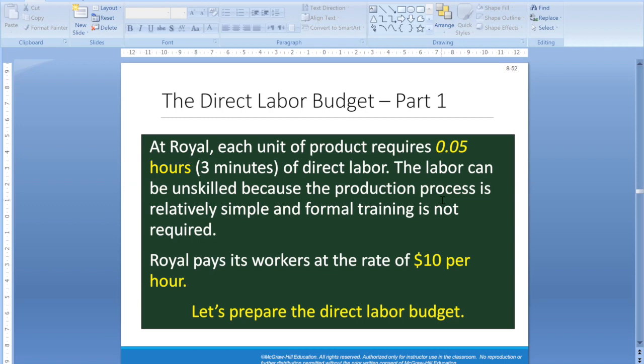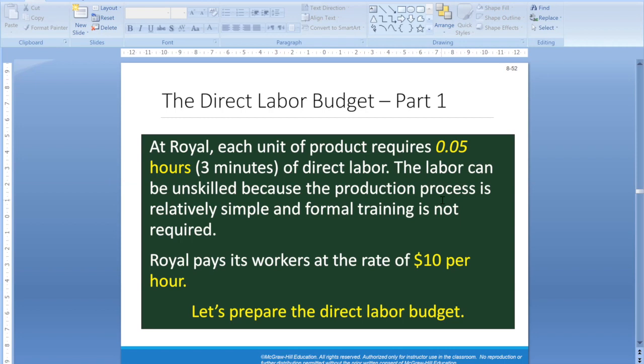Because the labor will finalize a unit ready for sale. So finished goods require 0.05 hours, and ignore the 3 minutes. Why? Because, according to the question, I'm paying by the hour, so I will ignore the minutes.